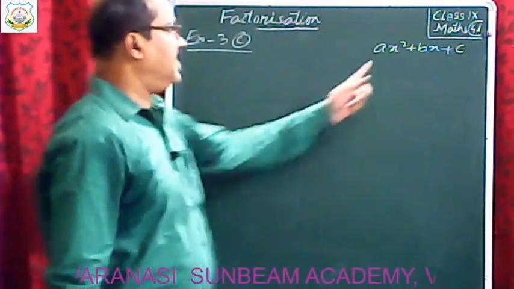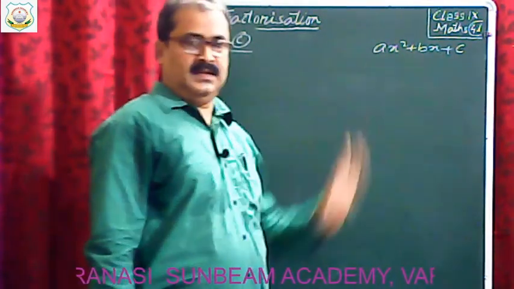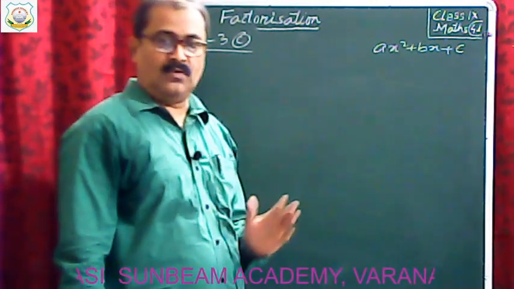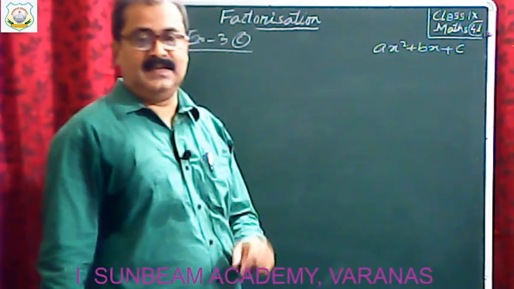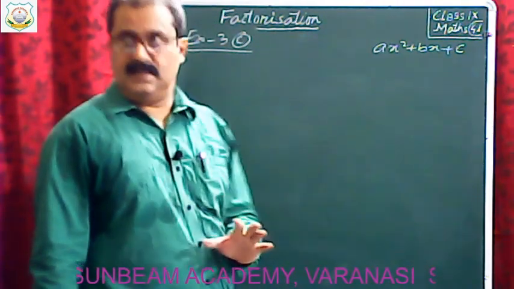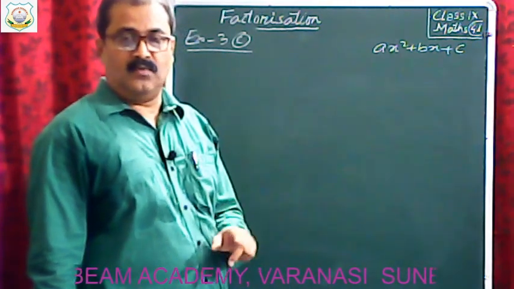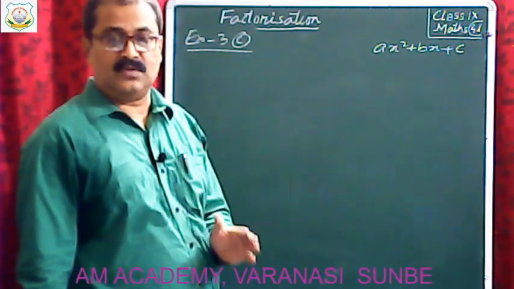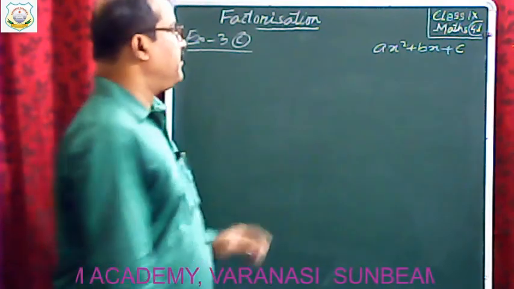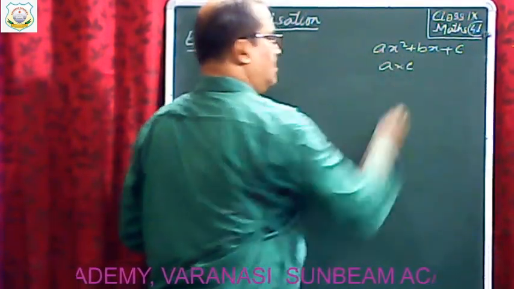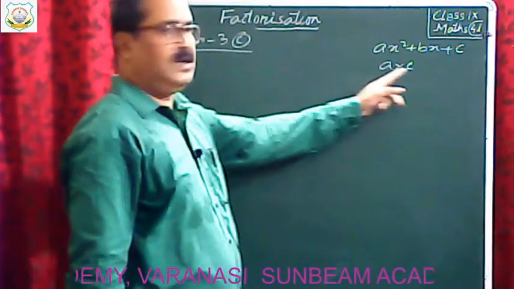So what do we have to do? The standard form of a quadratic trinomial is ax square plus bx plus c. A is always the coefficient of x square, b is always the coefficient of x, and c is the constant term. Keep that in your mind. Clear? First of all, we have to multiply a and c, the coefficient of x square and the constant term.